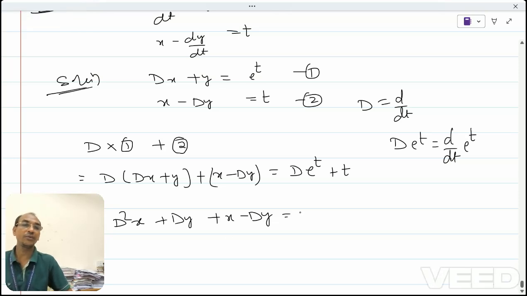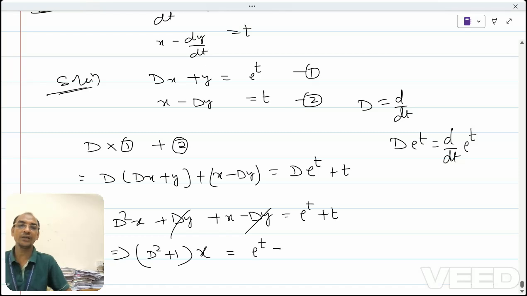The derivative of e to the power t is e to the power t, plus t. And finally, Dy will get cancelled. D square plus 1 into x equal to e to the power t plus t.